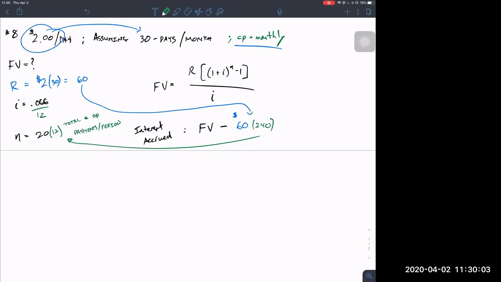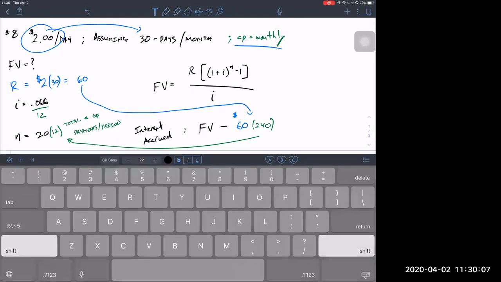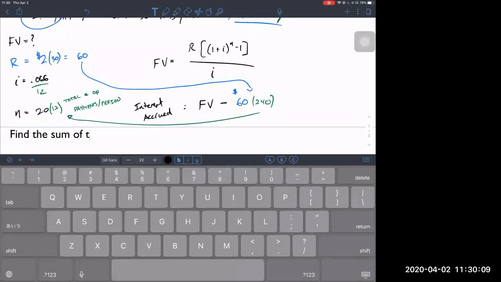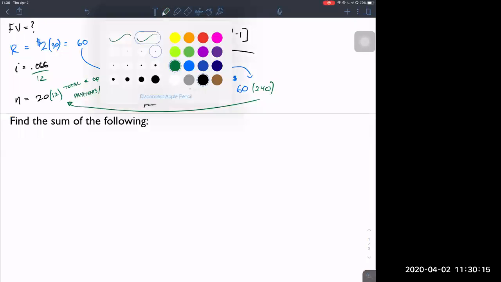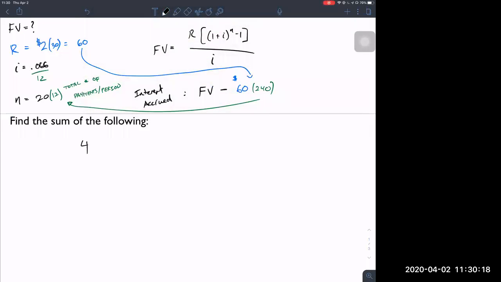Yeah, it's kind of like saying, when I say find the sum of the following, what does sum mean? Anyone? Add, right?